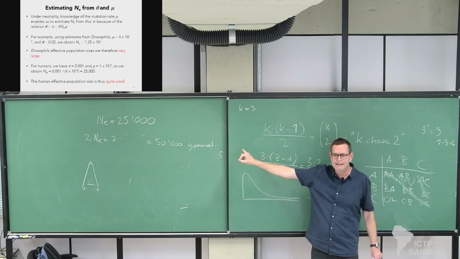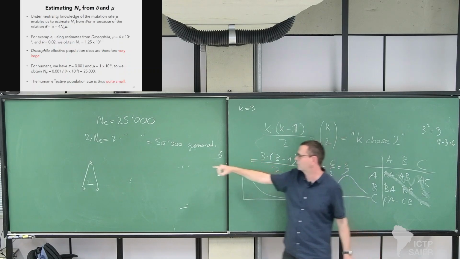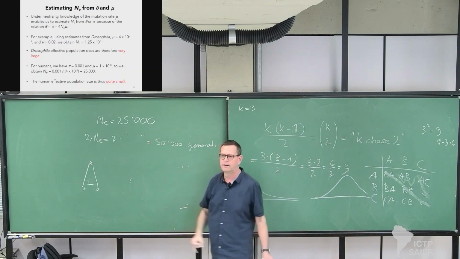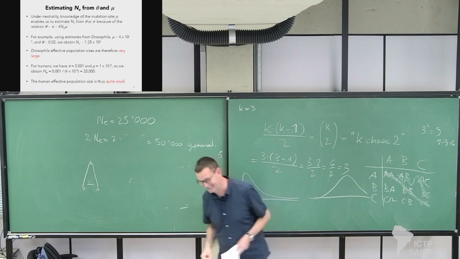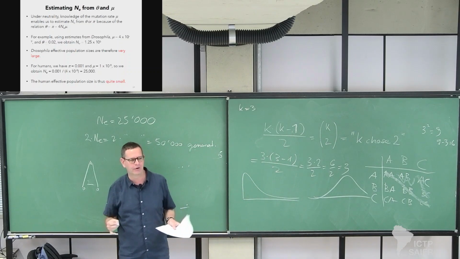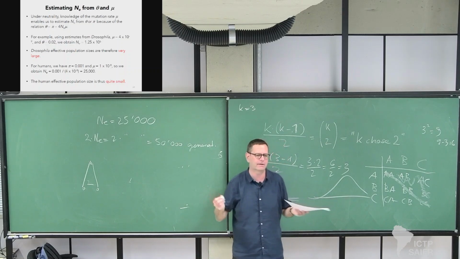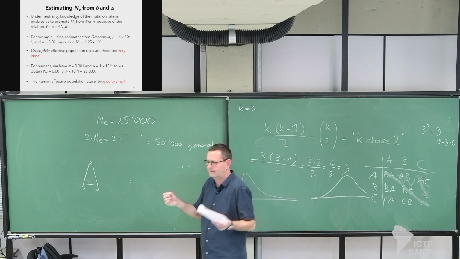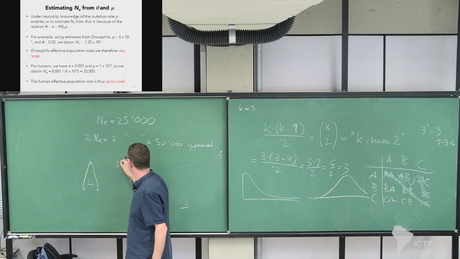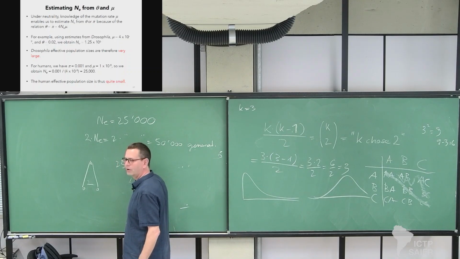Now, how many years does this correspond to? A lot. Exactly. So often for humans we assume the generation time is 25 years. It's not entirely correct necessarily, but 25 years. Some of you are probably 25, right?